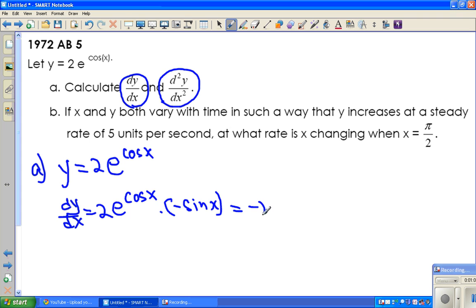When we simplify this one, we end up getting negative 2 sine of x e to the cosine of x. Now, that's the first answer.